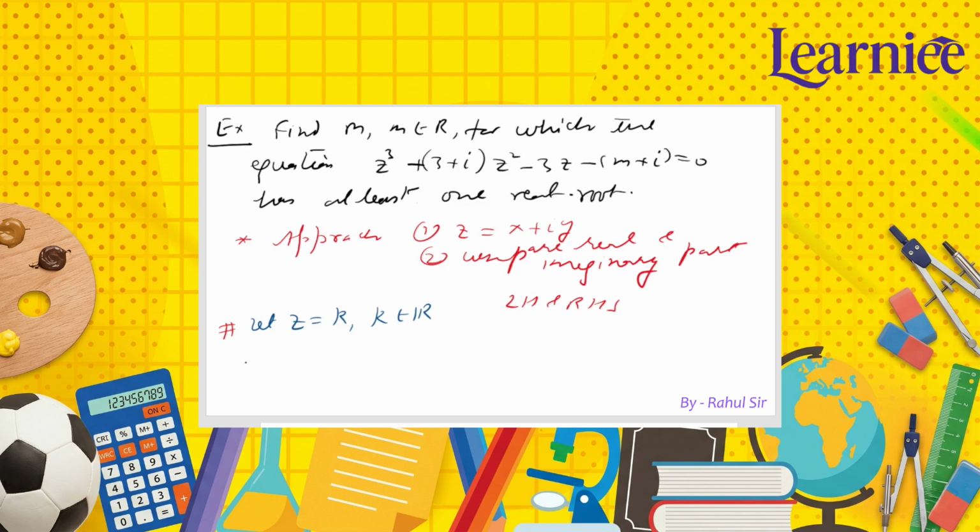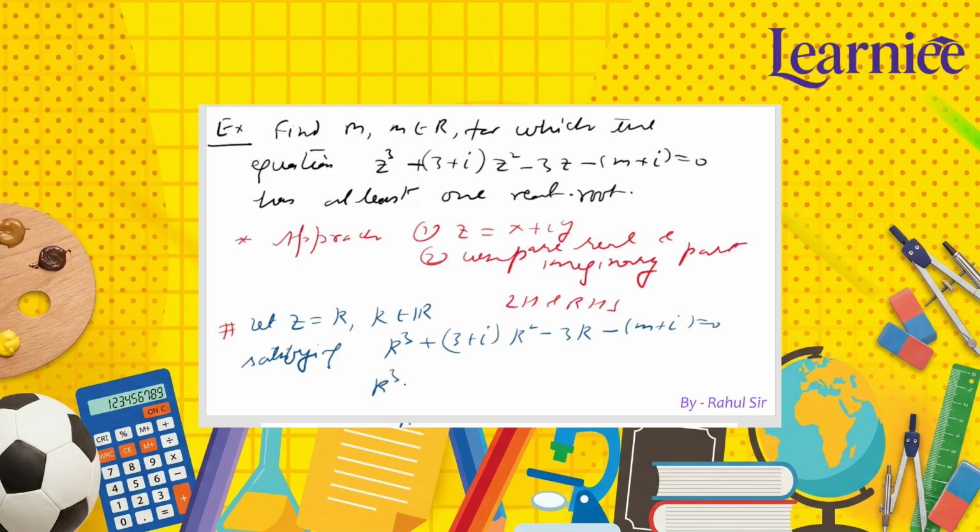So satisfying the equation, we will get k cube plus (3 plus i) k square minus 3k minus (m plus i) is equal to 0. Now we have assumed z as real. Okay, so let's break the real and imaginary part.